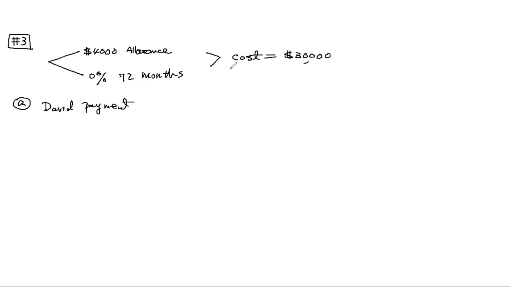Because Dave chooses 0%, he doesn't have to pay any interest. So his payment will just be 30,000 divided by 72 months. That's pretty straightforward. So Dave's payment will be $416.67.